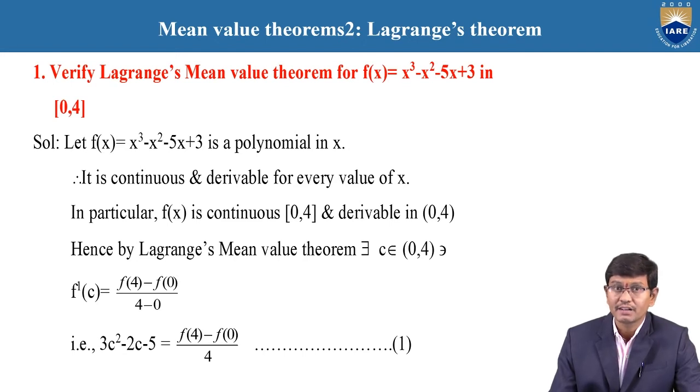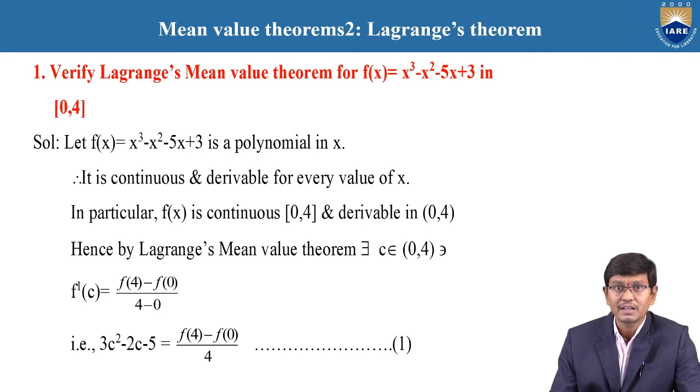And again, here we need to find what f dash of c is equal to, that is f of b minus f of a by b minus a. Therefore, f dash of c is equal to, as I just said, 3c square minus 2c minus 5. Now we need to find f of b minus f of a by b minus a. Here a is equal to 0 and b is equal to 4.